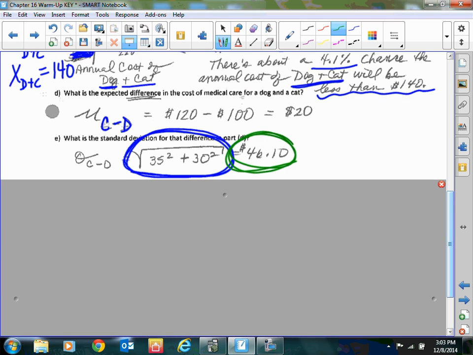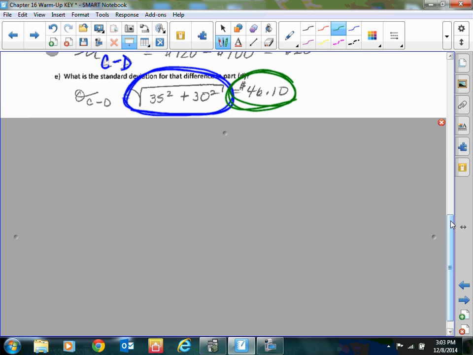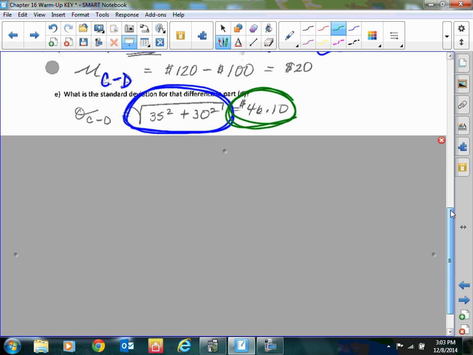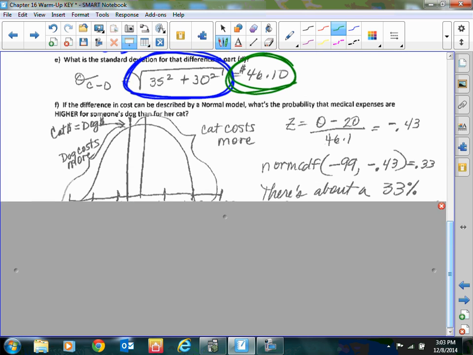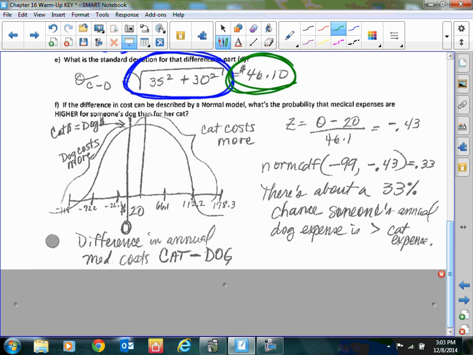I guarantee you, you have to know that. All right, so we now have got a mean of 20 and a standard deviation. So we've got a mean for cat minus dog of 20. We've got a standard deviation of cat minus dog, still 46.10.